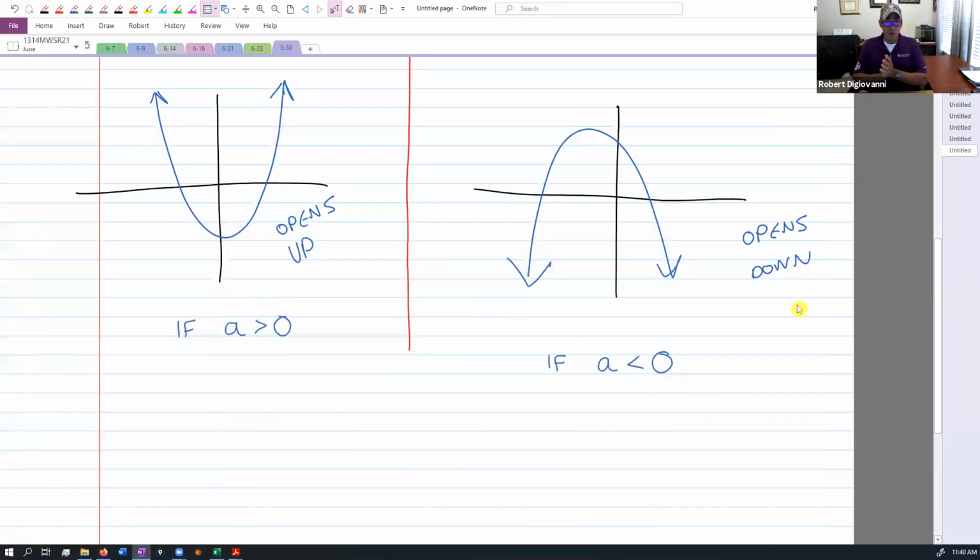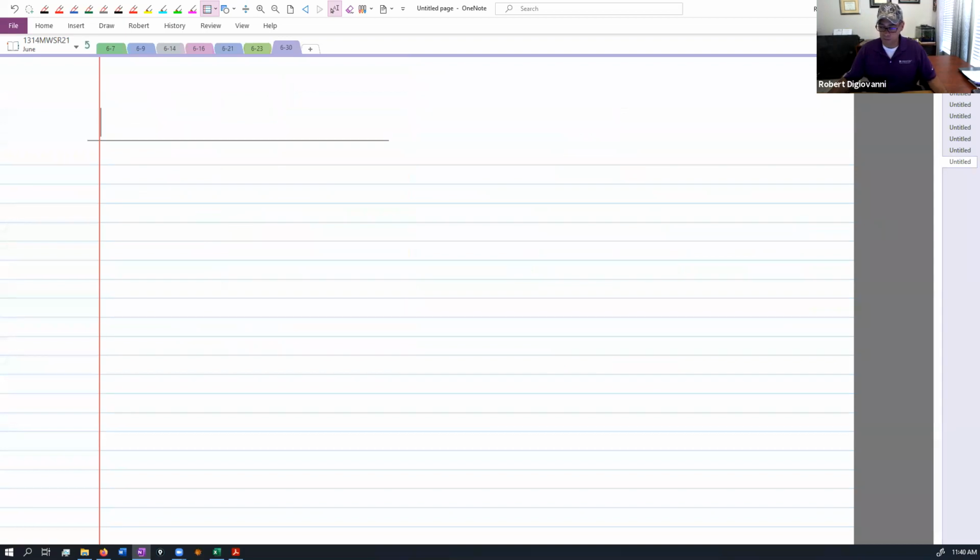All right, you ready? I'm going to give you a set of steps, a procedure for graphing quadratics. But here it is. Steps to sketch quadratic functions.